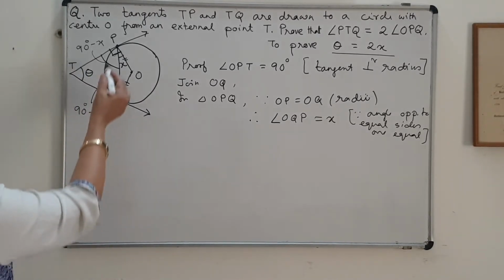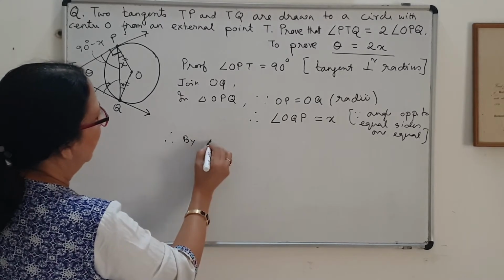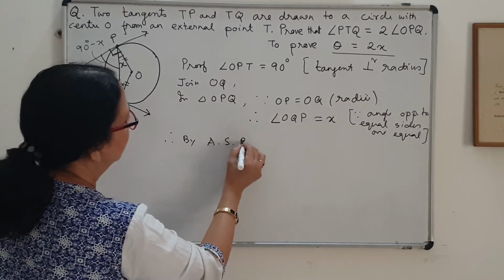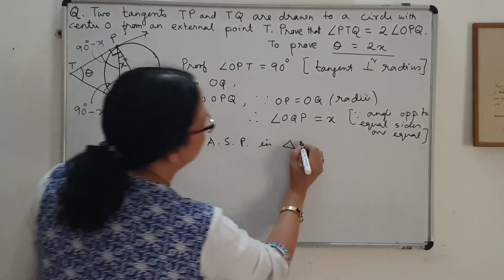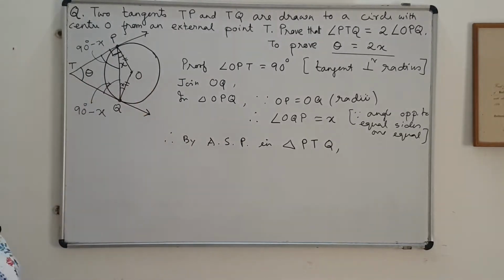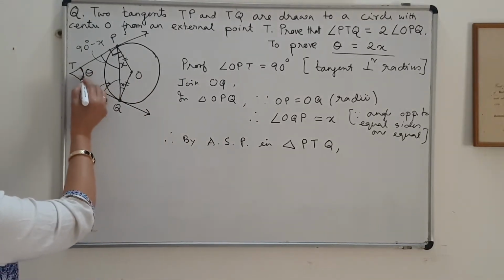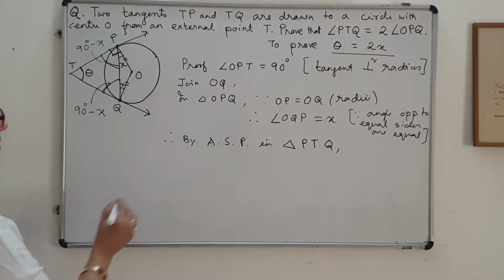So now I can apply the angle sum property. Therefore, by angle sum property in triangle PTQ, because I have to relate this theta with x, theta plus these two angles is 180 degrees.